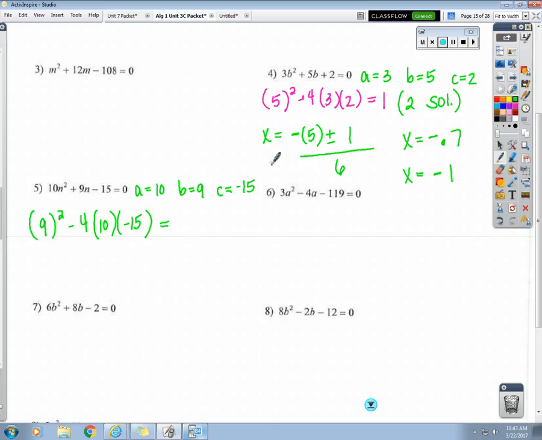Okay, what do you get when you type it in? 681, which means we're going to have how many solutions? 2.